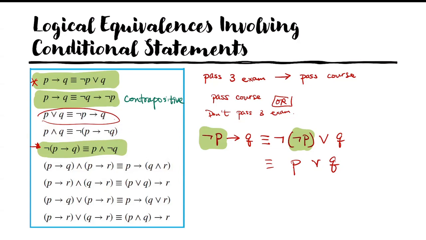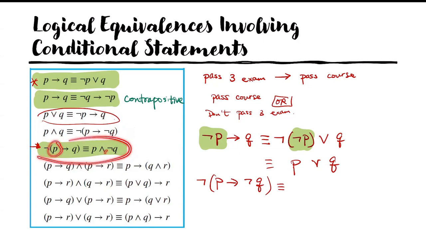Right, so for this one, you can derive this one from the negation of P implies Q. Again, if you start with the right hand side, you want to negate P implies not Q. So P implies not Q. When you negate it, you will get what? You will get P and not Q.